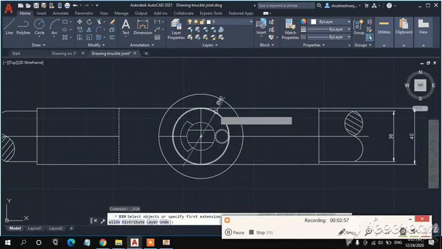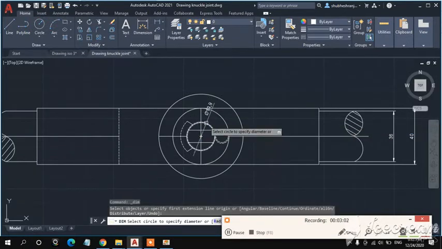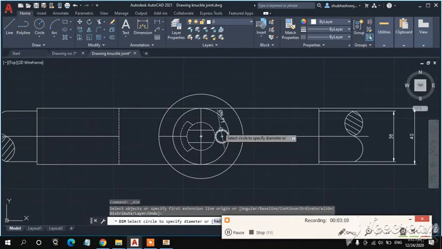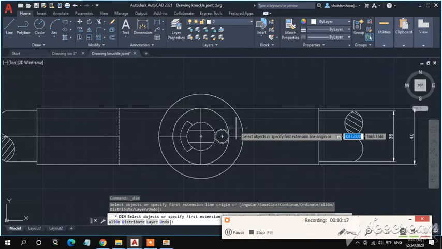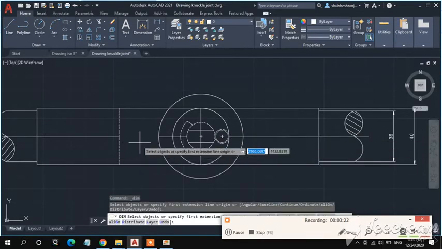After that you have to draw the circle between the shaft. Now come to the circle portion. There are a total of three circles on one side between this shaft.